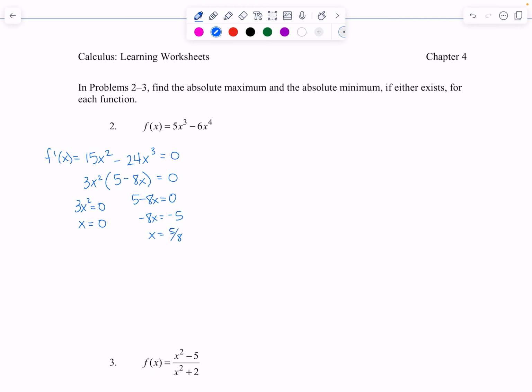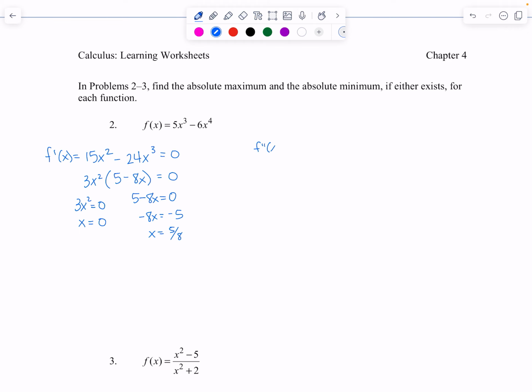So we have two critical values now. Let's use our second derivative test on our critical values. We'll take our second derivative. The derivative of 15x squared is 30x, and 24x cubed gives 72x squared. So let's test the first one, 0: 30 times 0 minus 72 times 0 squared gives us 0.